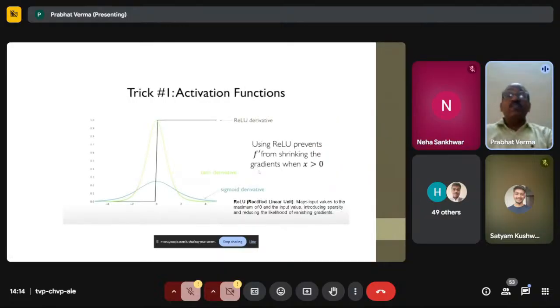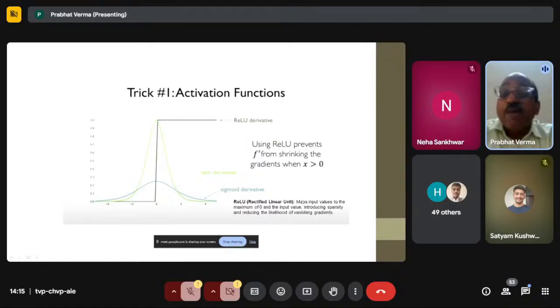So what is the trick to avoid this diminishing gradient? The first trick is to use an appropriate activation function. Normally we make use of the sigmoidal function. You see, this is the sigmoidal function, in blue color. We also have the tanh derivative, which is this one, and we also have the ReLU function, the rectified linear unit.